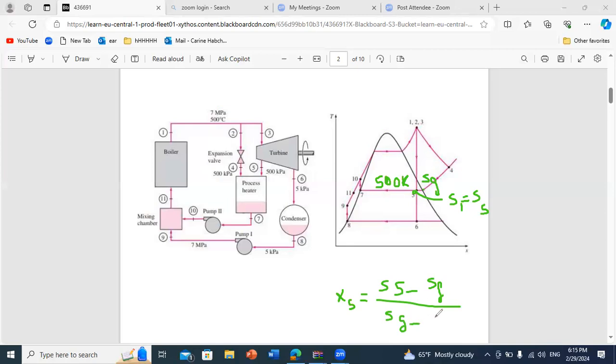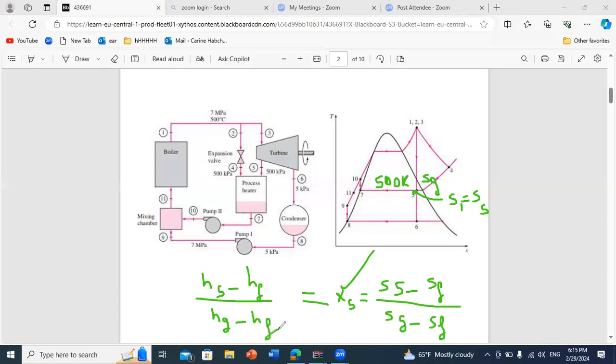Okay, and once you find the quality, you can calculate the enthalpy at point 5 by doing X5 is equal to H5 minus Hf over Hg minus Hf.